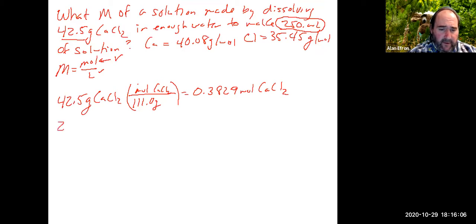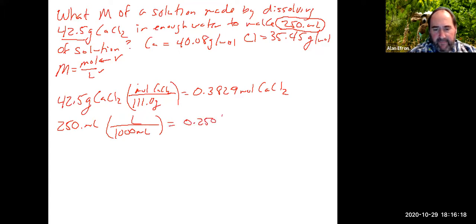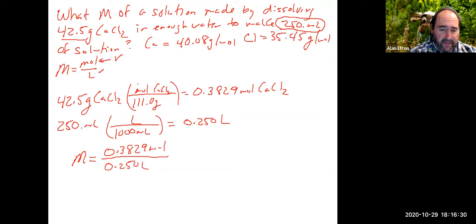We do need to convert our 250 milliliters into liters. You could just move the decimal place 3 places to the left or divide by 1,000. It's going to give us 0.25 liters. So we have everything we need for our answer. Molarity would be 0.3829 moles divided by 0.25 liters, and that gets us about 1.53.